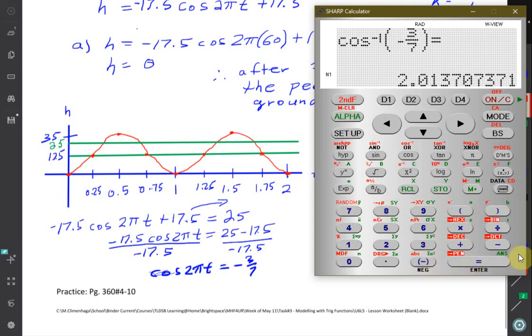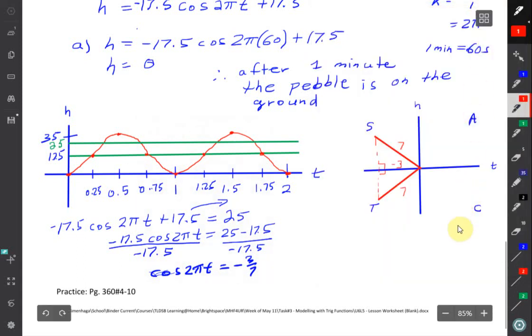And that gives us 2.01 radians. Let's write down what we have here. Inverse cos of -3/7 equals 2.01.